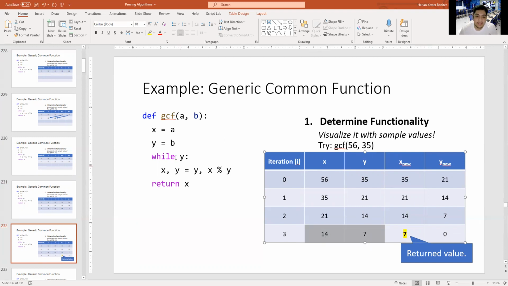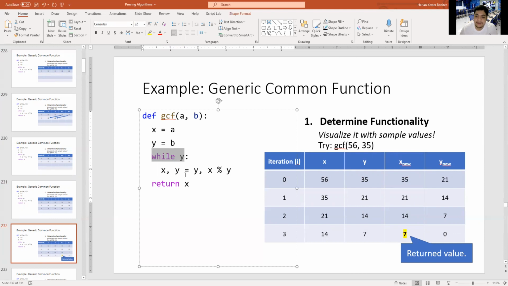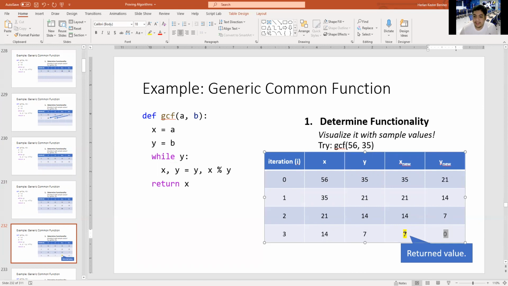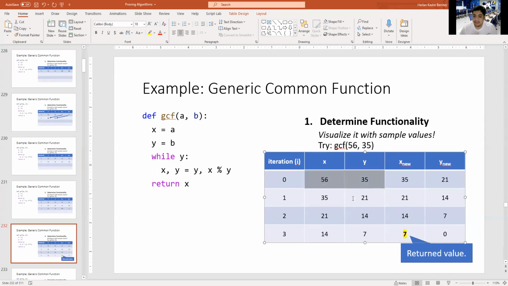And since yung loop natin continues as long as y is non-zero and naging 0 na si y, si x new or si 7, siya na yung final value na i-return natin sa return ng function natin. So as you can see here, 7 is interestingly yung greatest common factor ni 56 at ni 35. So, si 56 ay 7 times 8, si 35 ay 7 times 5.